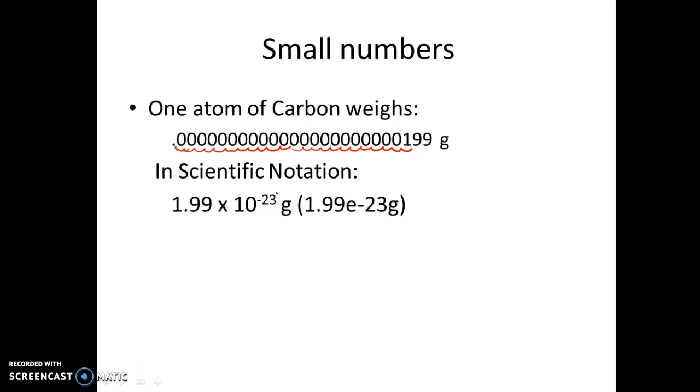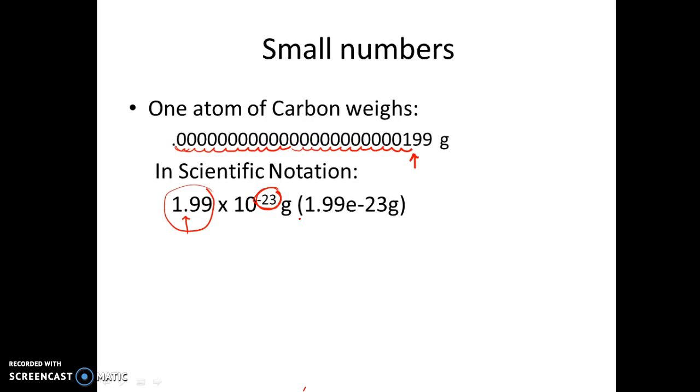So that's where this number comes in. So we end up with a decimal after the first non-zero. So we stick it right in there, and then we multiply the non-zero numbers times 10 and raise it to the number of decimal places that we're going to move.